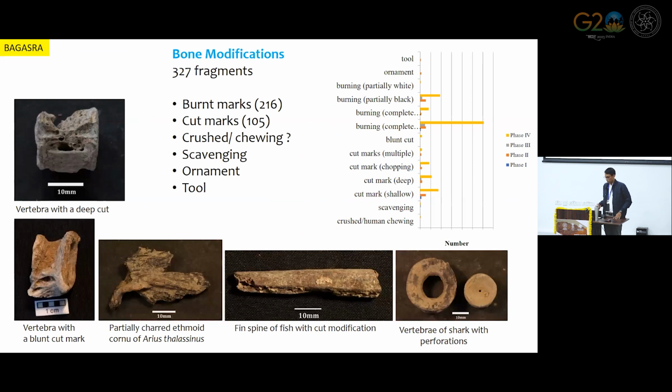And there are bone modifications on fish bones. There are a lot of cut marks, burn marks, some sort of scavenging evidence, chewing evidence. Some bones have been transformed into tools like this one, and some have been modified as ornaments like this. This is a shark vertebra which has been modified into an ornament-like thing.